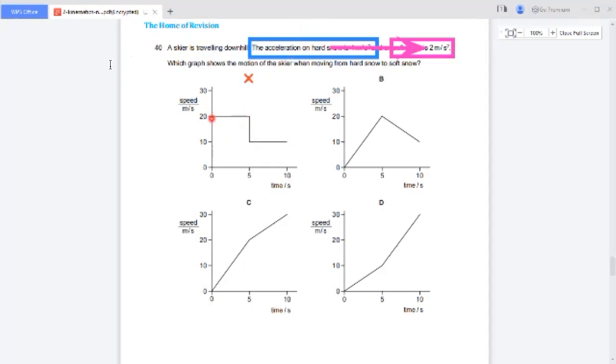So the speed is constant. Constant speed means no acceleration, so it's an incorrect option. Here you can see there is again a constant velocity, so constant velocity means acceleration does not exist. So let's move to part B.